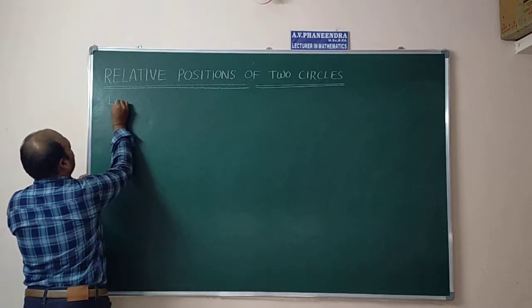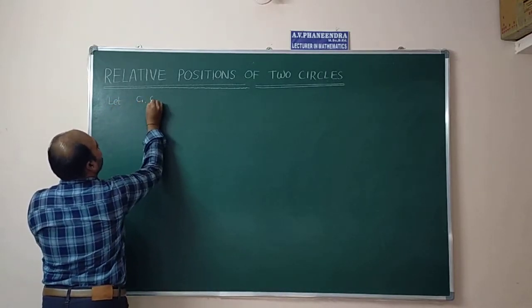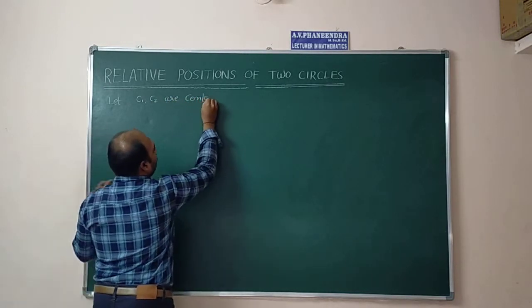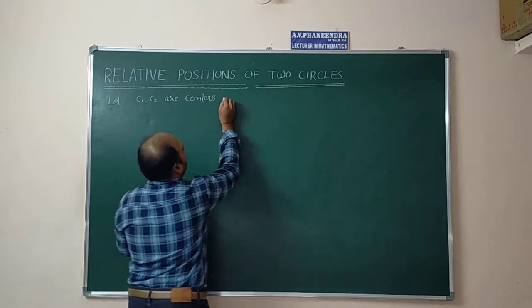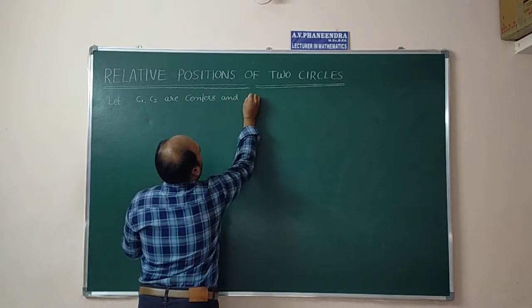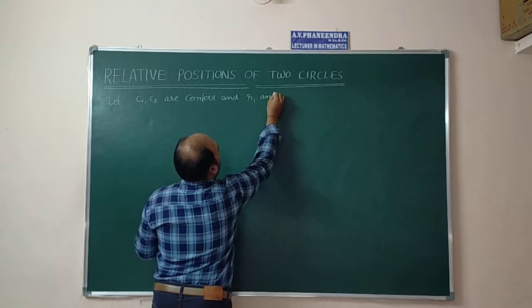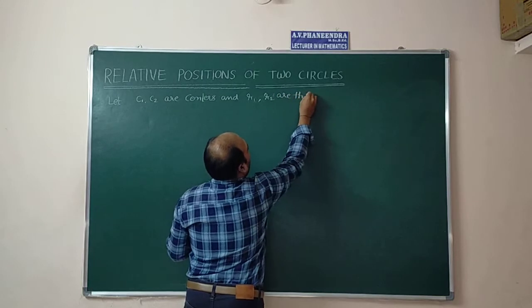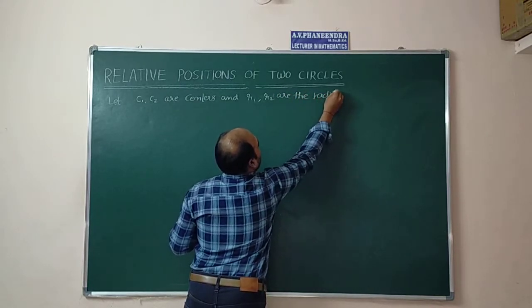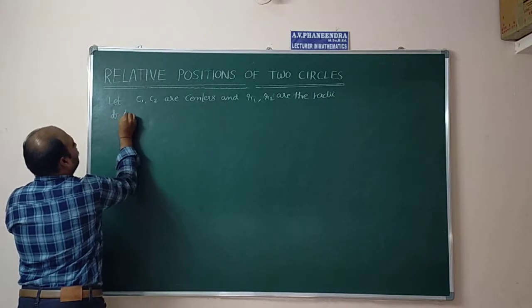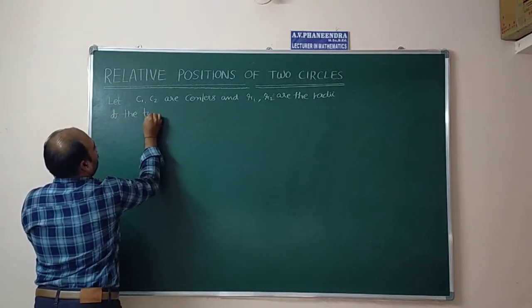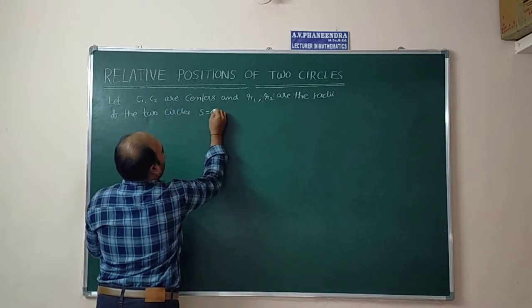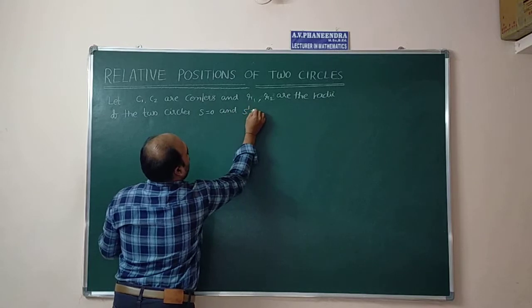Let C1, C2 be the centers and R1 and R2 the radii of the two circles S equal to 0 and S dash equal to 0 respectively.